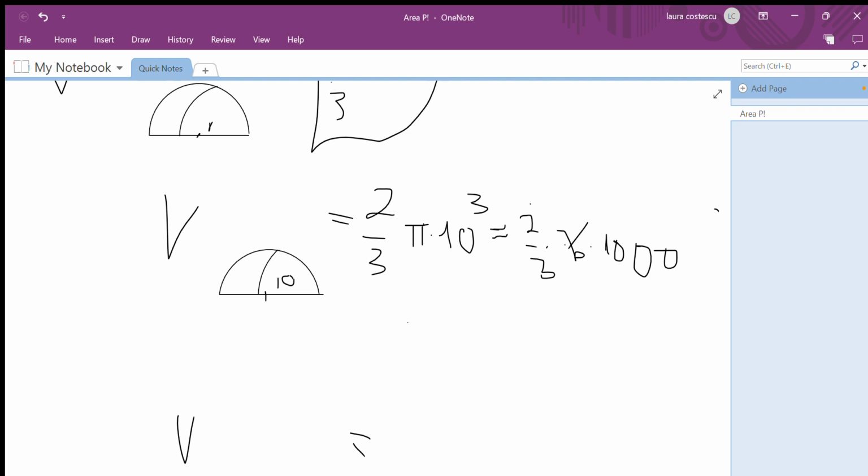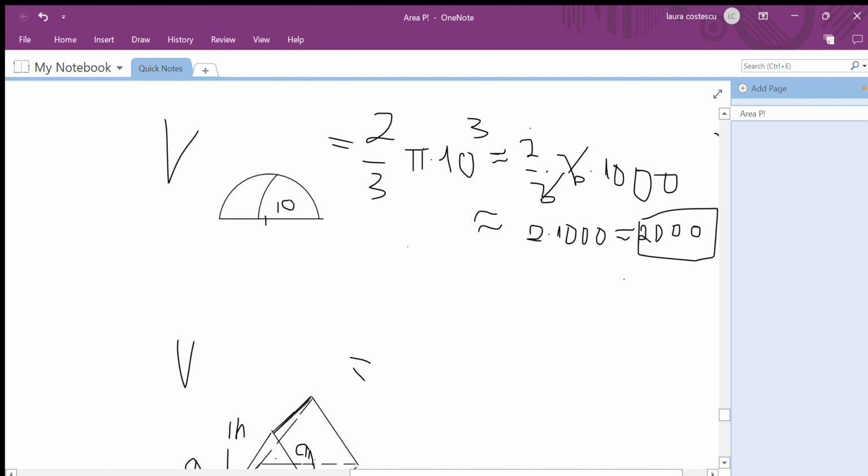And the 3 is cancelled, and this leaves us with an approximation of 2 times 1000, which is approximately 2000. And here we got our answer. It's an approximation, so this is not exact.